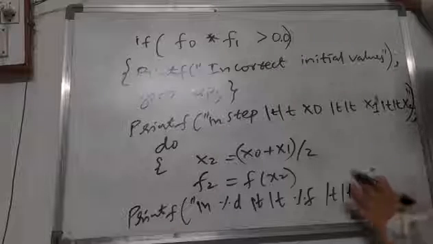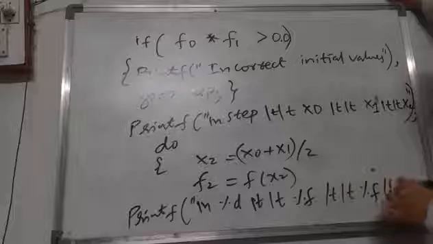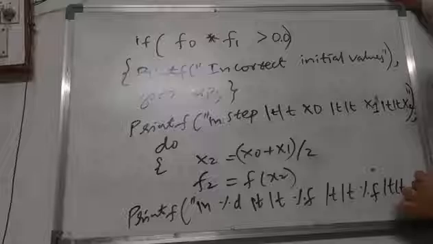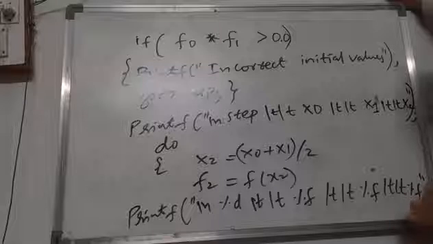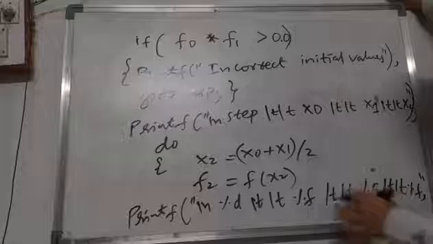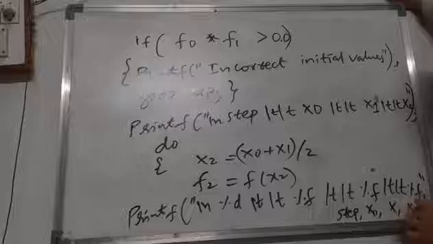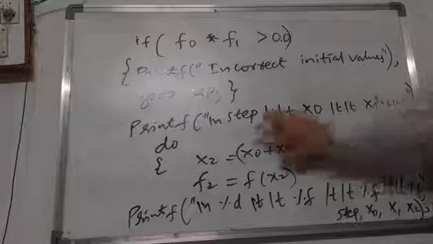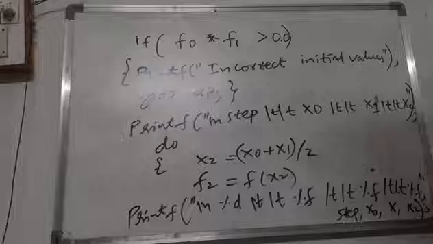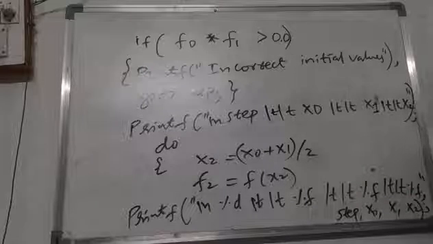Again two tabs, and the x2 value is also percentage f. So these are all values you are going to print: step, x0, x1, x2, separated by commas, and printed as it is, like this. Up to here we have done this much of the program. Next thing is left.